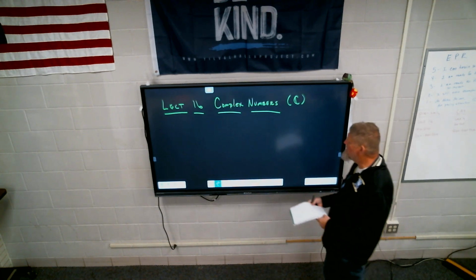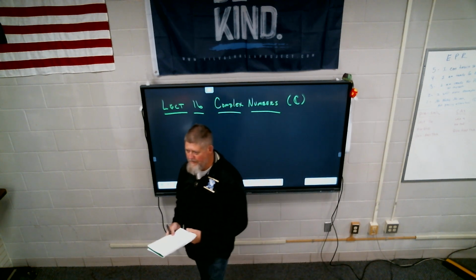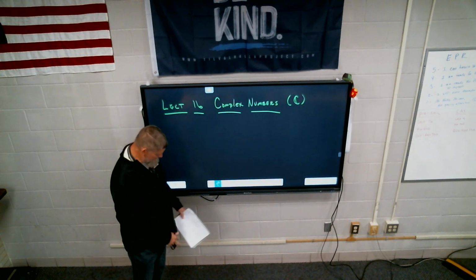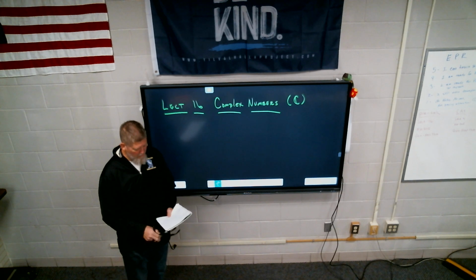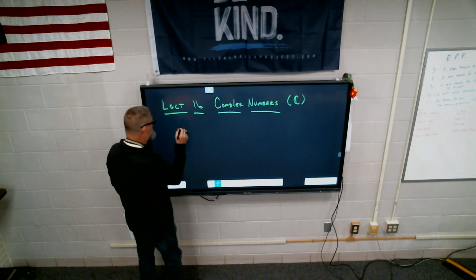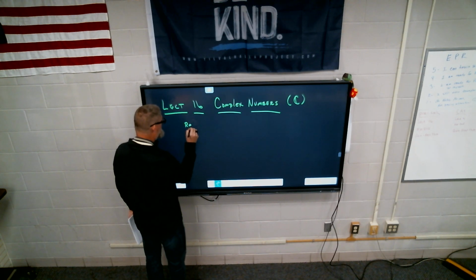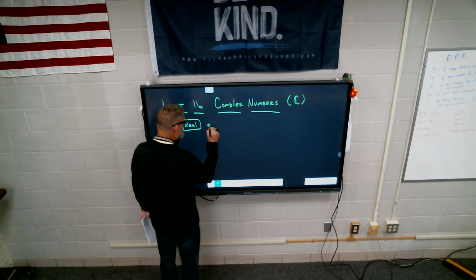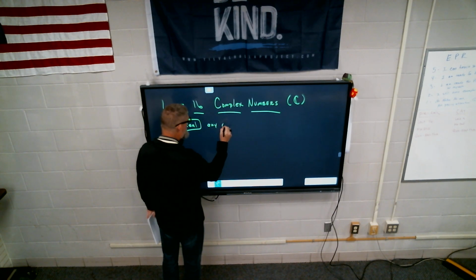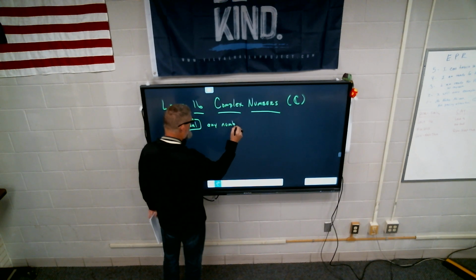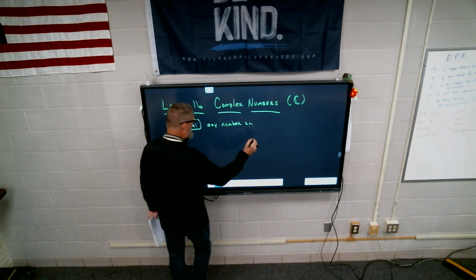All right, so what is a complex number? Lecture 16. What is a complex number? Stuff like imaginary numbers. Imaginary, very good. So, we know the definition of real is any number on the number line.